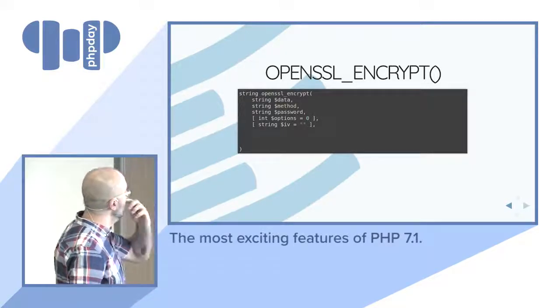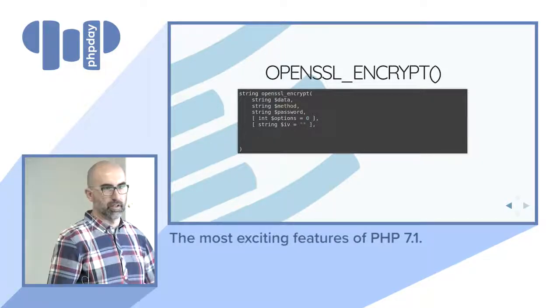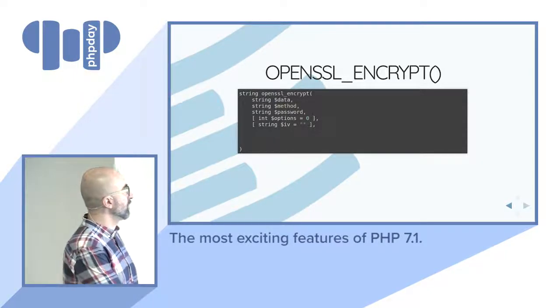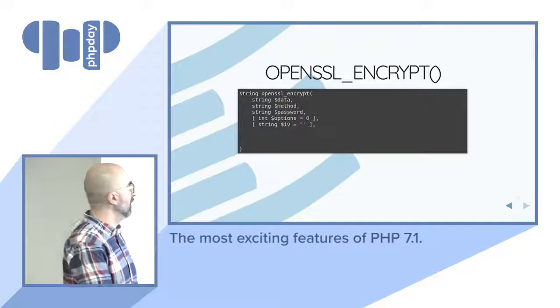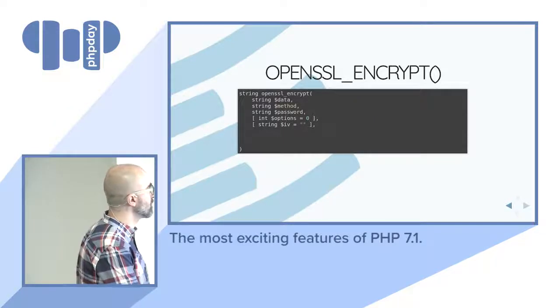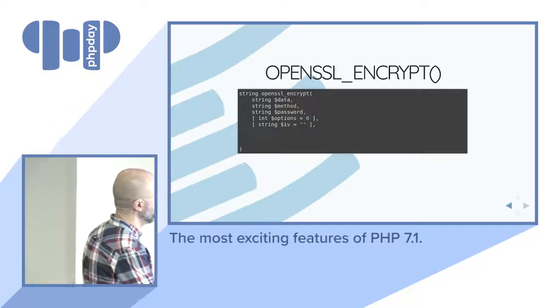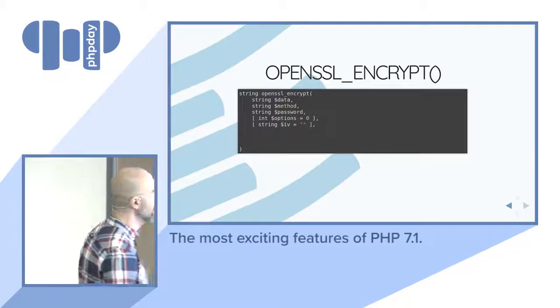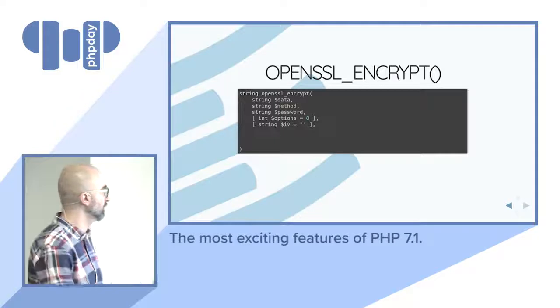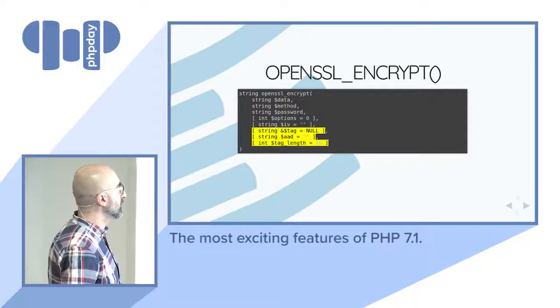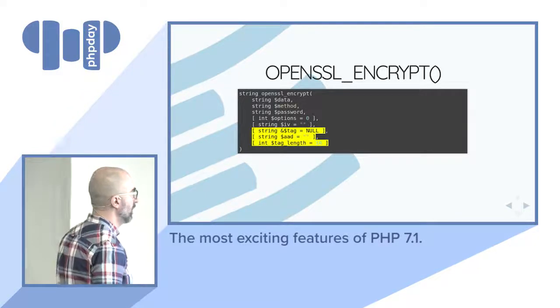Anyway, OpenSSL provides you an encrypt function. So you have to pass some information like the data that you want to encrypt, the method, the password. There are some options and optional parameters. The first is options, and the last is IV. IV is a seed for the encryption, a salt. With 7.1, they added these 3 optional parameters.